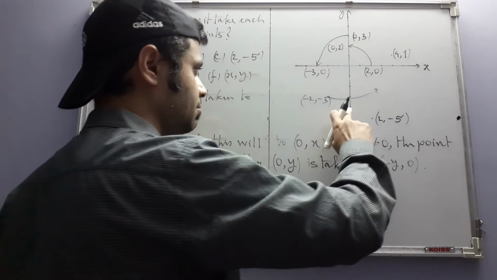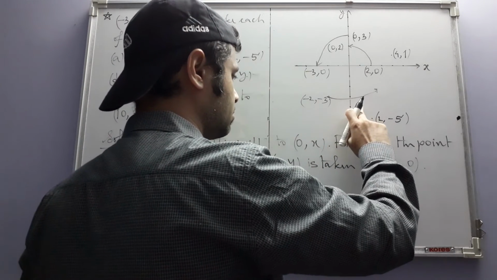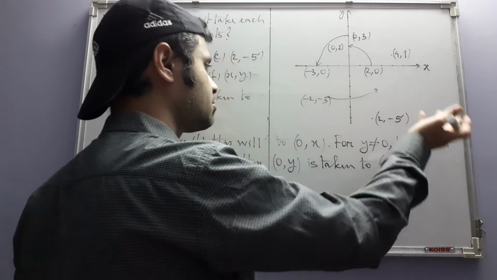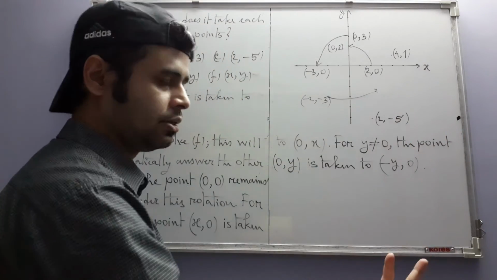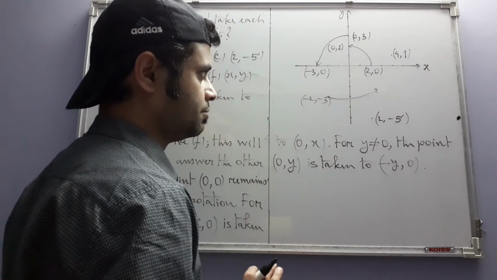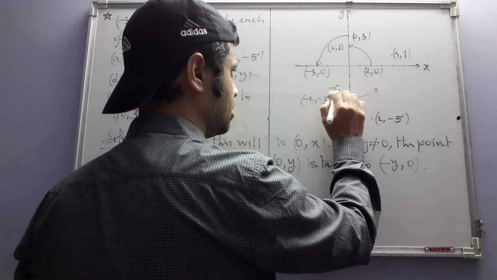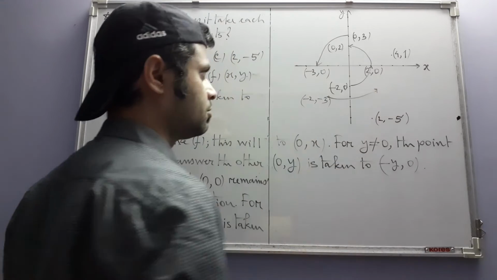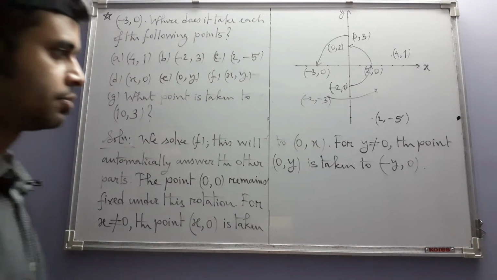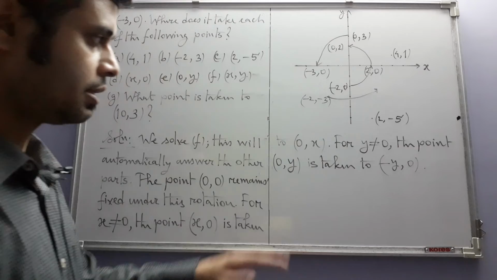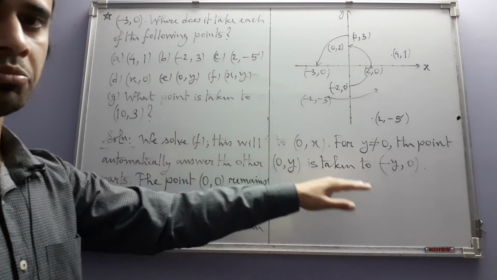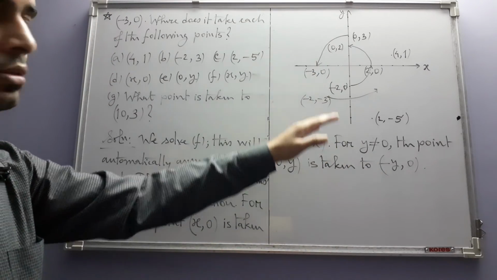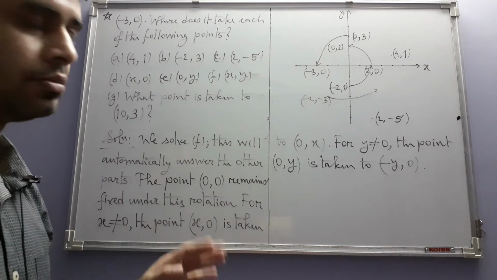So if it is say minus 2 comma 0, then it will become 2 comma 0. For example, this point is taken to 2 comma 0. So this covers all the cases where the point lies on the y-axis except at the origin.